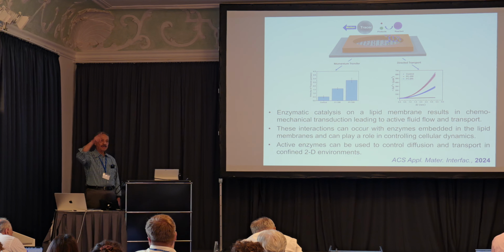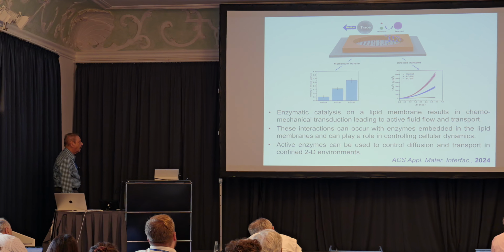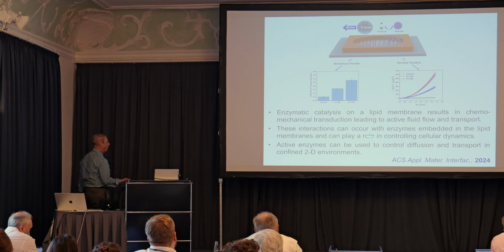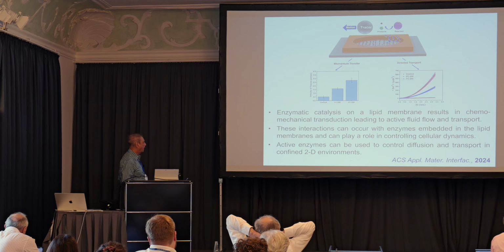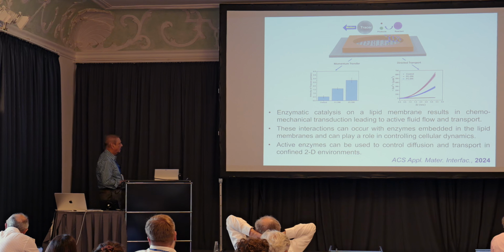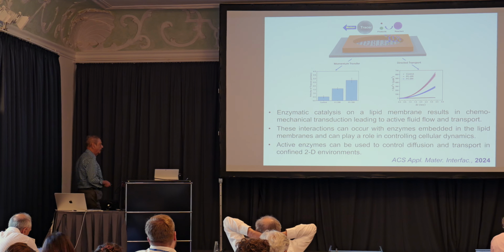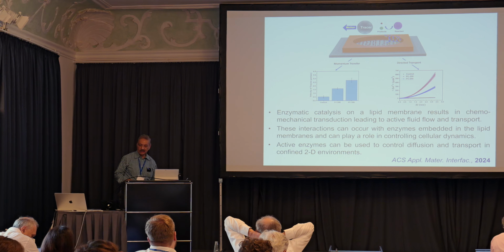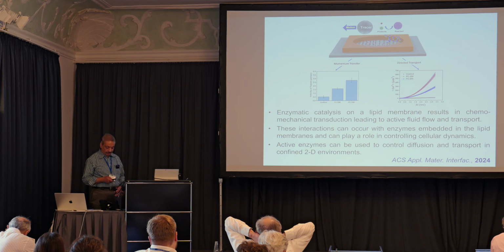You see the S-shaped curve. That is a telltale sign of pumping. So yeah, you see active fluid flow on membranes. And they can possibly control cellular dynamics, tells you about how to control in confined 2D environment. So this seems relevant.